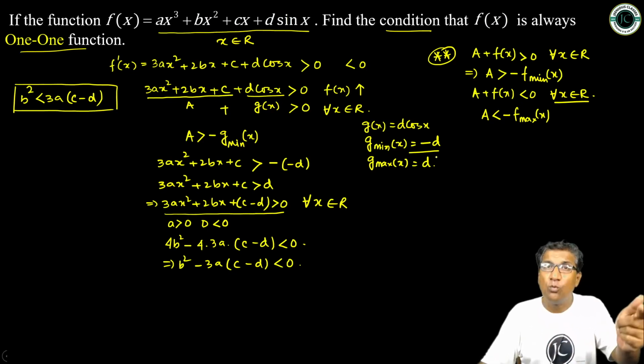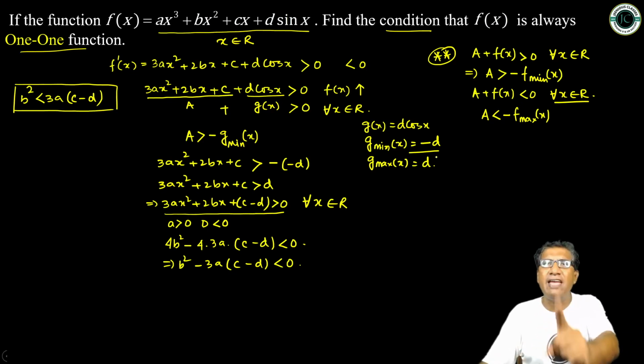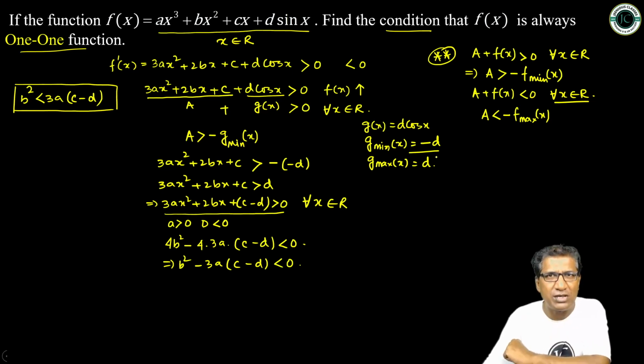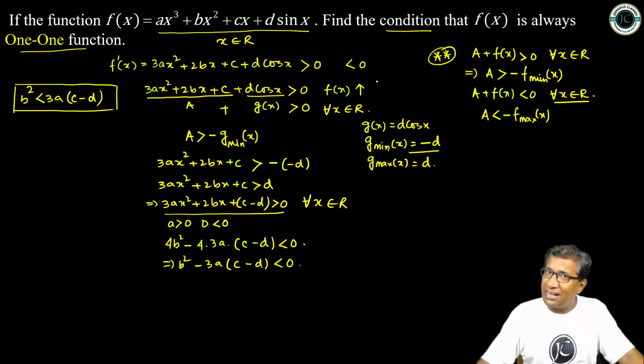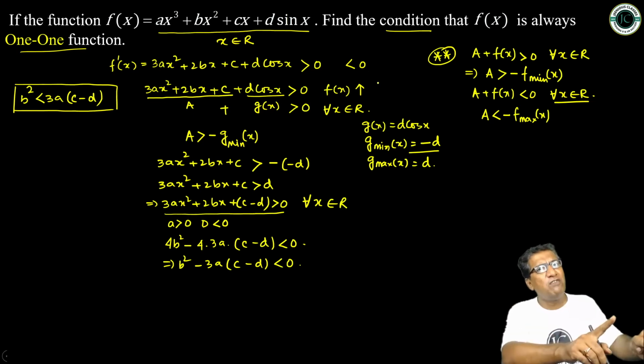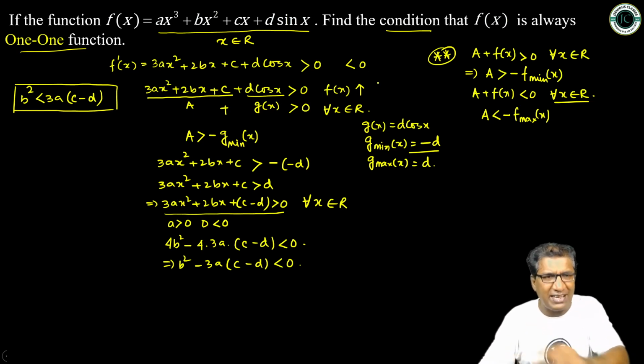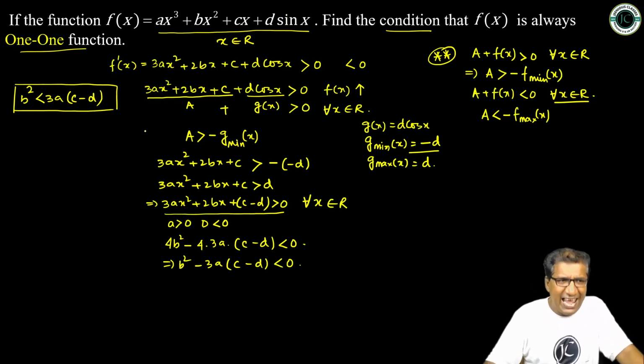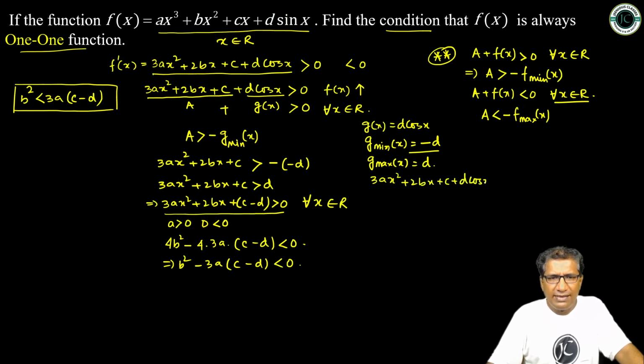Absolutely. This when I have assumed that f dash x is an increasing function. But it may so happen that it is a decreasing function. In that case also the function will be 1-1 if it is strictly decreasing. Okay, so in that case what will happen? This f dash x, this will be less than 0 for all x belongs to real value.